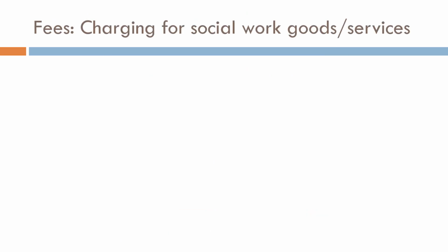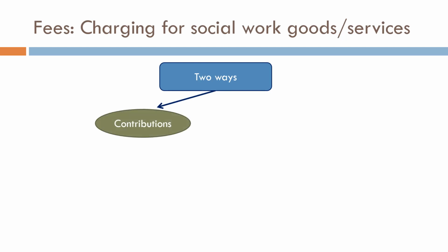Let's talk about fees, where we charge people for the social work benefits that they are receiving. There are two ways to do this in terms of charging, quote unquote. One involves contributions, where people pay into the system that they will be receiving from, and the other involves actual fees, like you would be charged when buying any product or good.